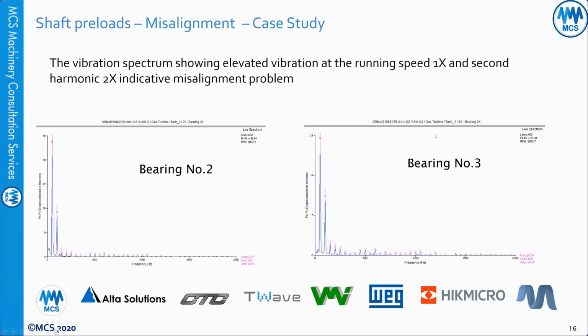Bearing 1 is the turbine non-drive end, bearing 2 is the turbine drive end, bearing 3 is the generator drive end, and bearing 4 is the generator non-drive end. Both bearings' half spectrums are showing 1x and 2x. So this is the first clue. As you can see, high 1x and high 2x.